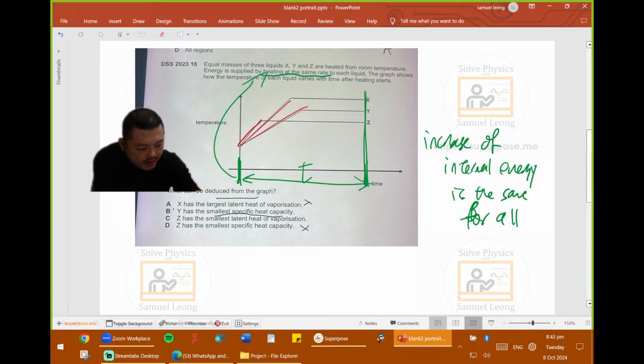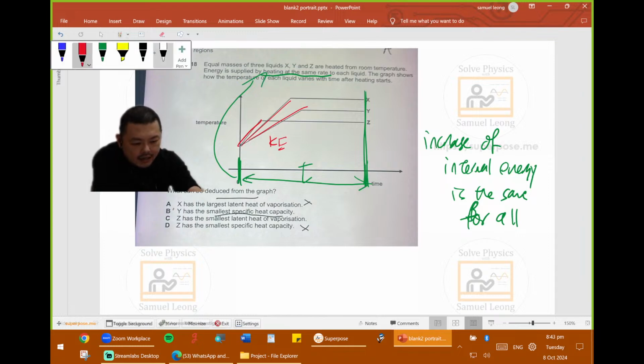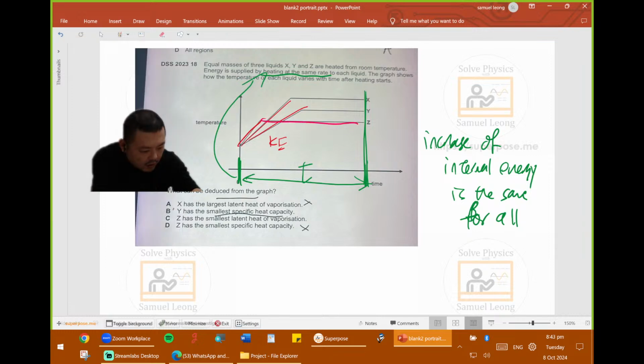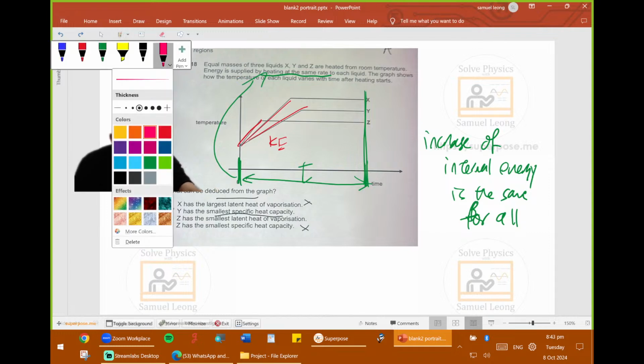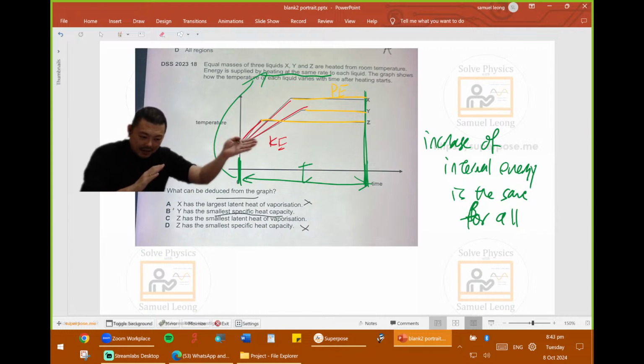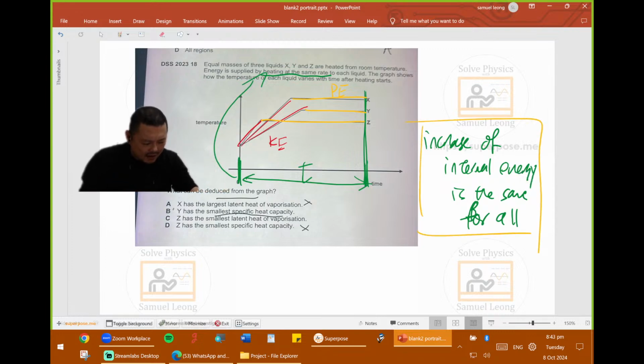Because it is the sum of all the KE and PE. These red ones are all KE, correct? And these yellow ones, they're all PEs, correct? So even though some have a different increase in KE, some have a different increase in PE, how do we know that they have all the same internal energy increase?